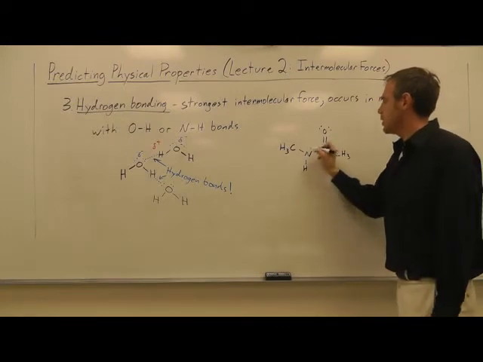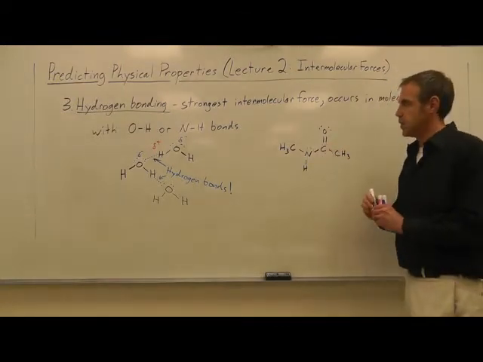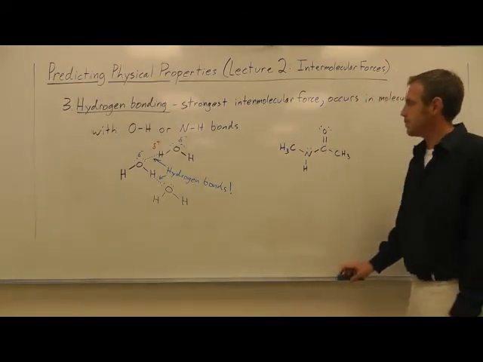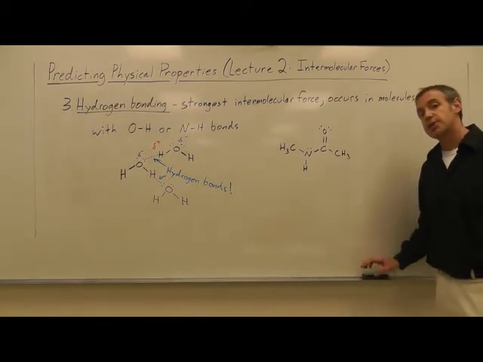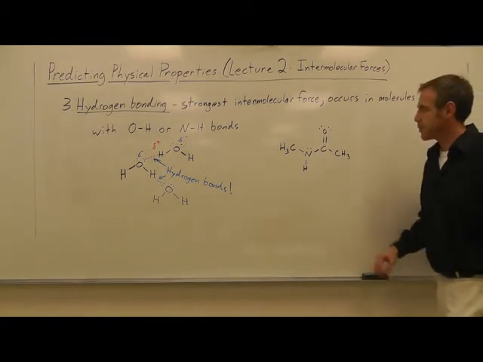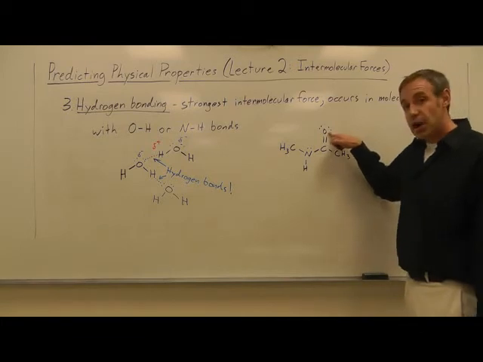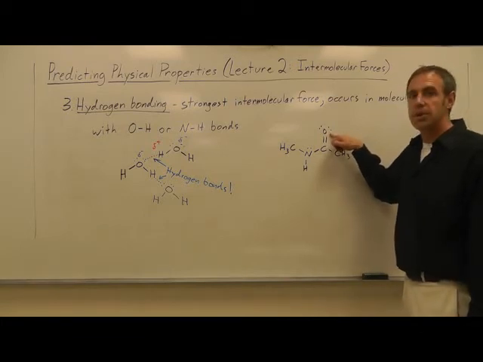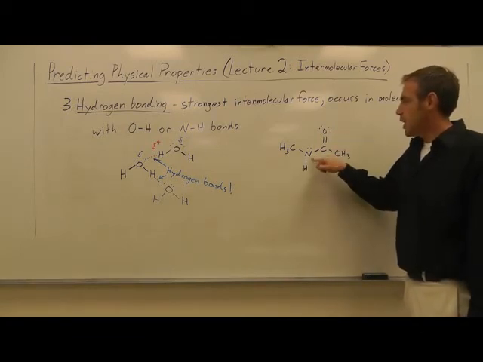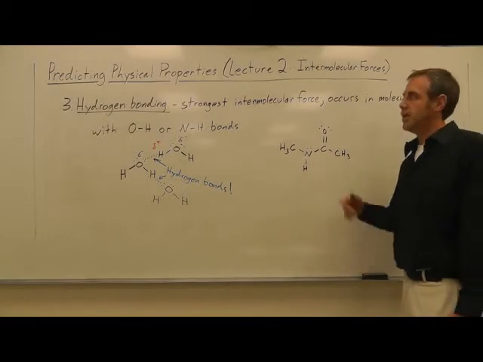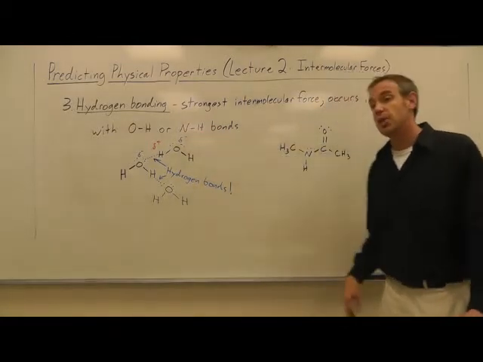And I've abbreviated this structure a little bit to show. In this molecule, which is our secondary amide, we know that we have a negative oxygen in the carbonyl group, and we have an NH bond here that is capable of hydrogen bonding.